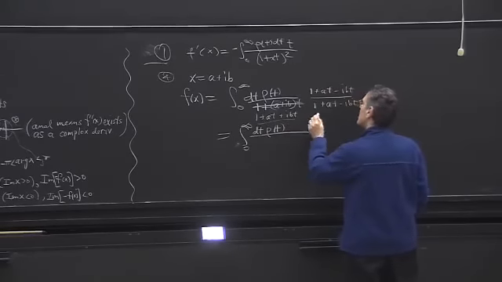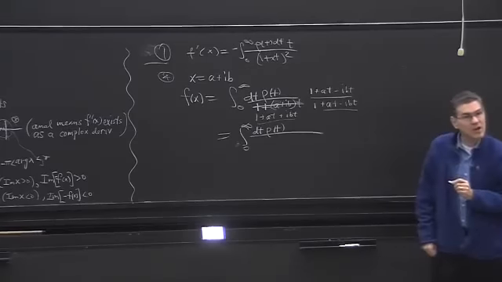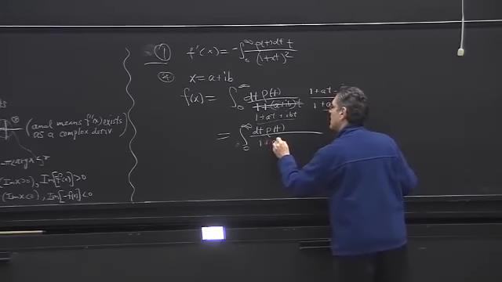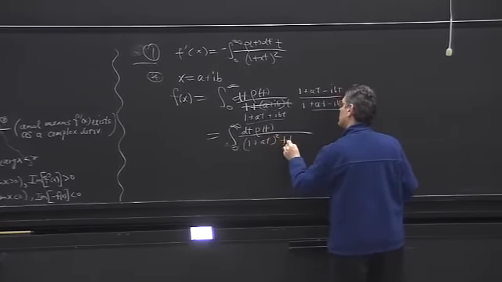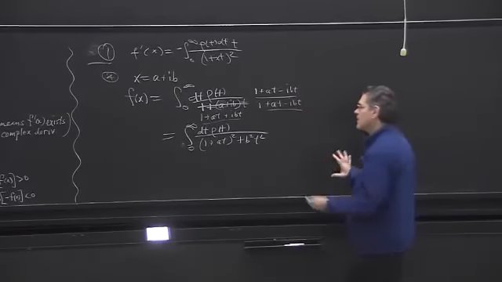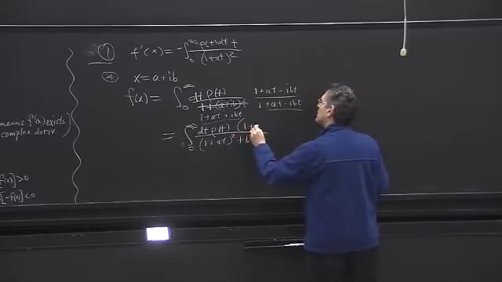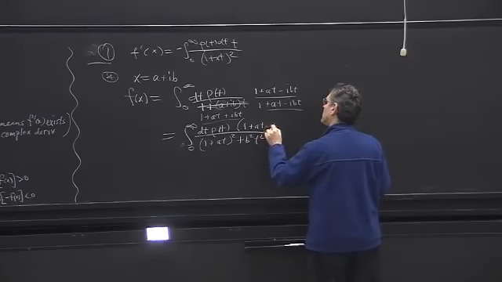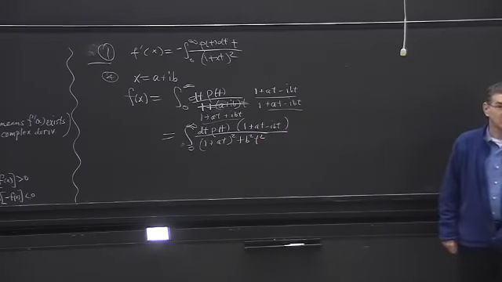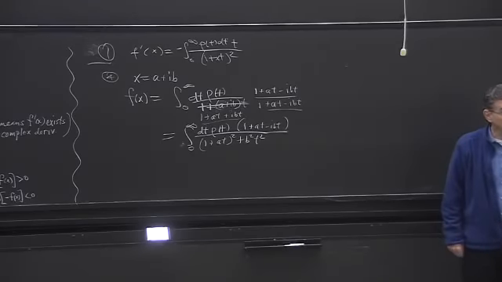When you multiply a complex number by its complex conjugate, you get (1 plus at) squared plus b squared t squared. And in the numerator, you get 1 plus at minus ibt. You agree? You all see this?